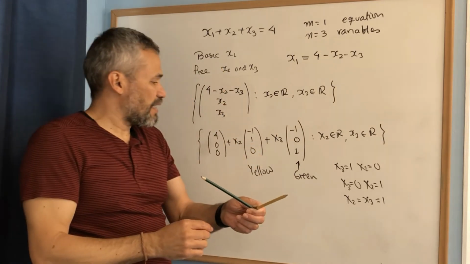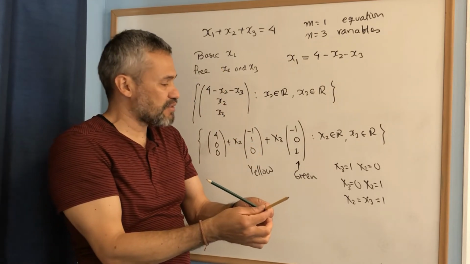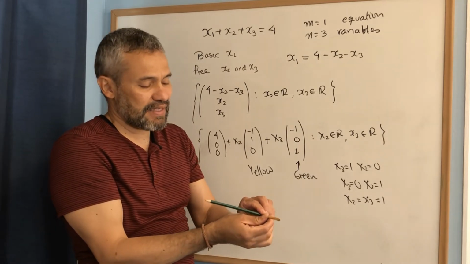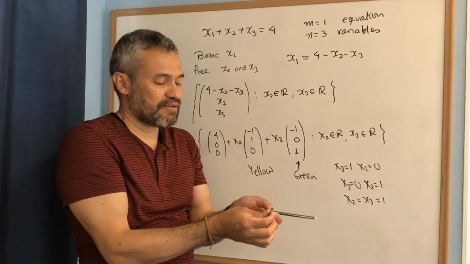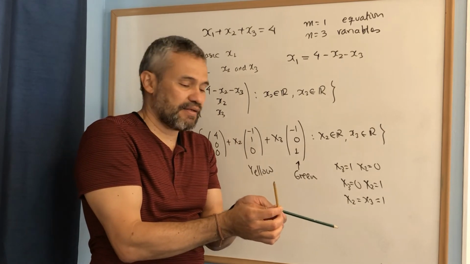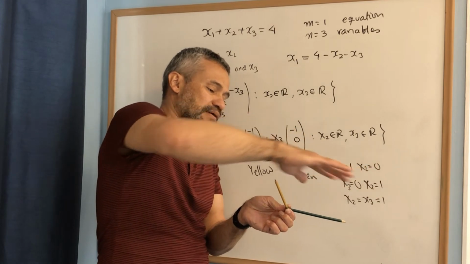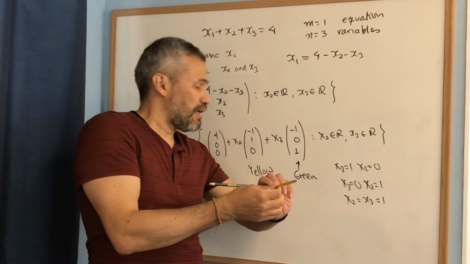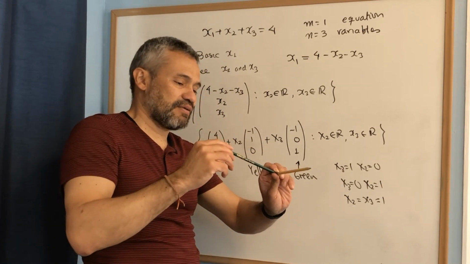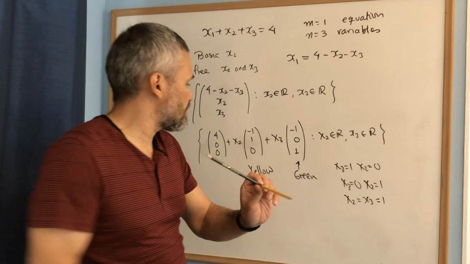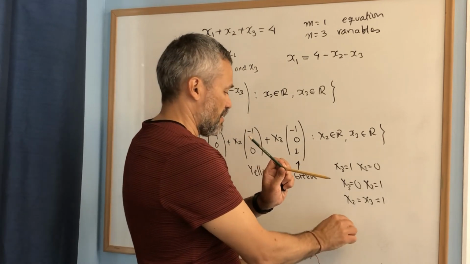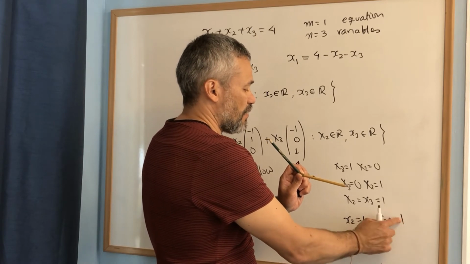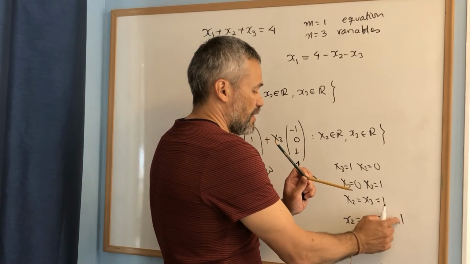What happens if x2 is positive and x3 is negative? When x3 is negative, essentially you are flipping this vector and you get everything in this quadrant here. For example, this vector minus this vector. We are considering the case x2 equals 1, x3 equals negative 1.